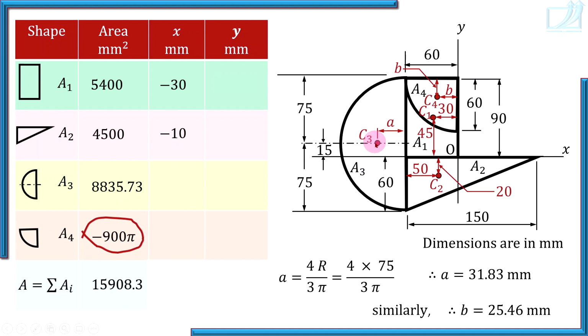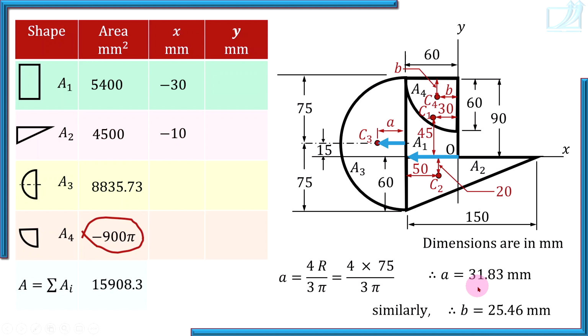Now horizontal distance of C3 from y-axis. Check again, the x coordinate of C3 is not A. It is the horizontal distance from the y-axis. So check where is the y-axis, and from the y-axis up to C3, check the horizontal distances. So how much is that? 60 plus A, and A is 31.83.